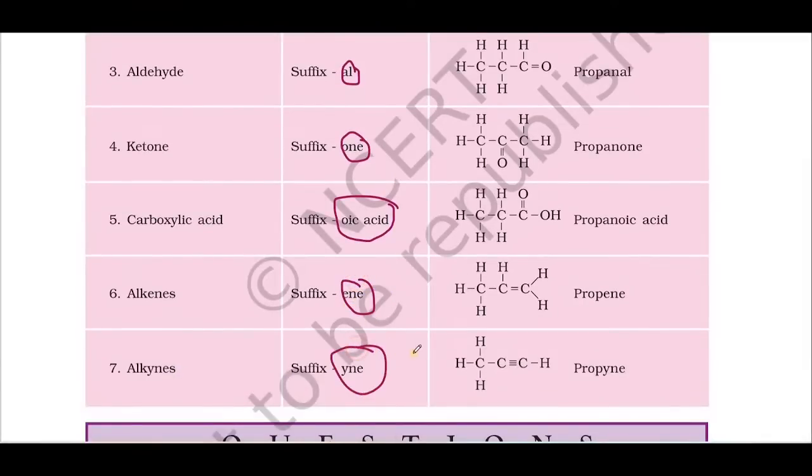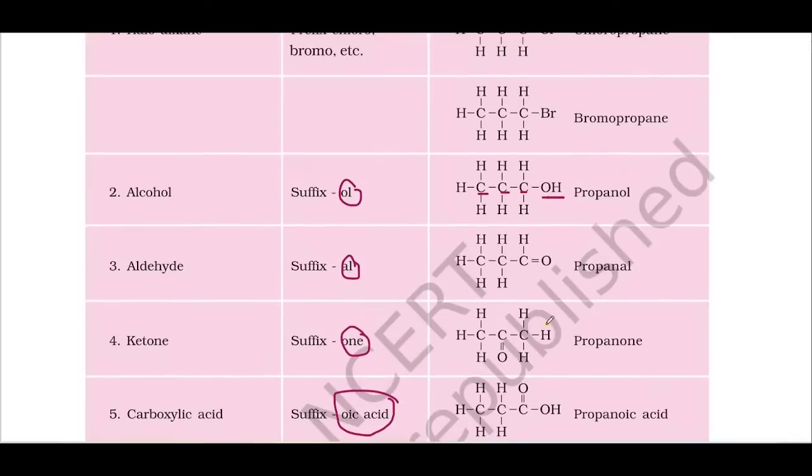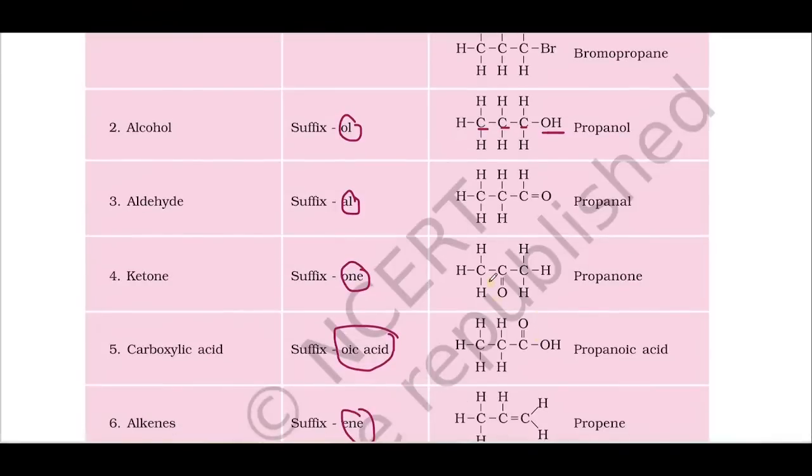Alkyne, it is -yne. You should include the carbon in the functional group. Whether it is in the functional group or not, you should count the number of carbon atoms.